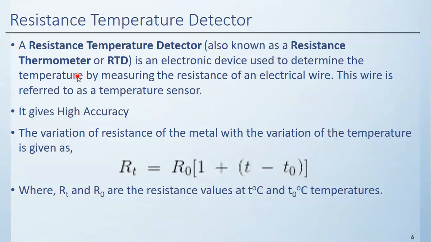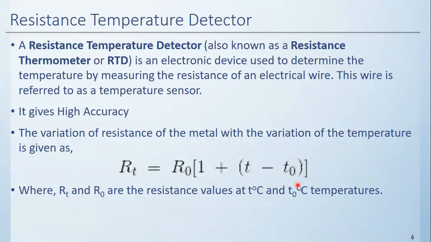This principle is used in RTD. You can take a wire, and when it comes in contact with a hot body, its temperature will change, and subsequently its resistance will also change. It is very easy to measure the change in resistance. So you can relate the change in temperature to the change in resistance. That is the advantage of RTD.